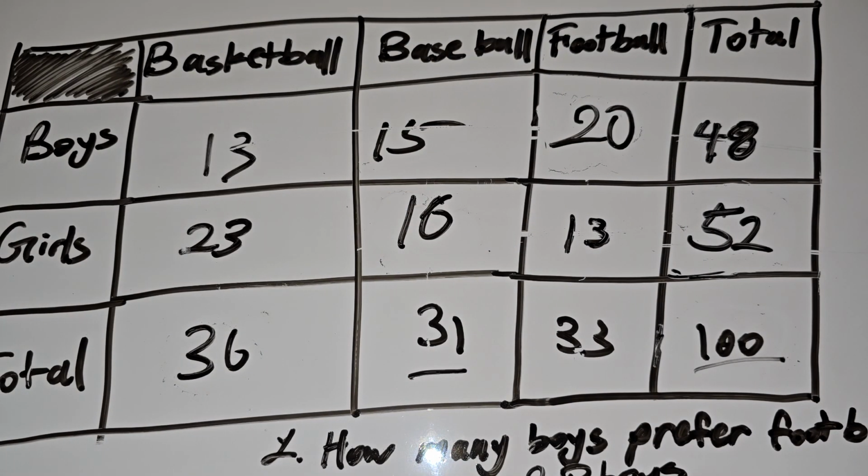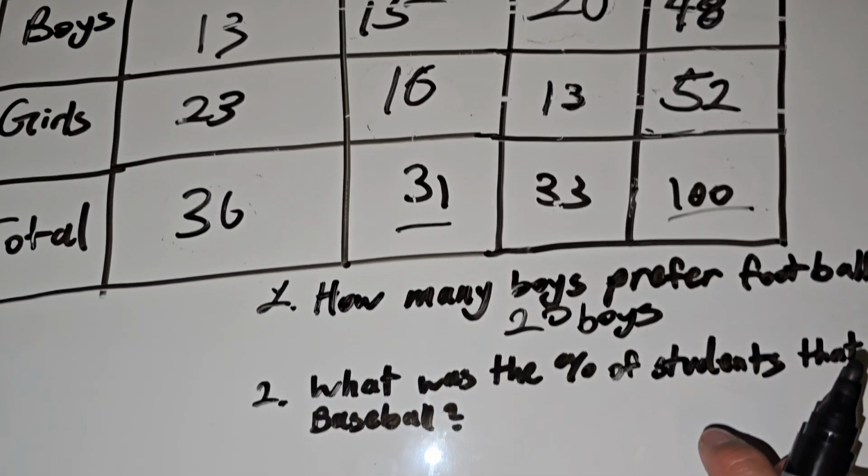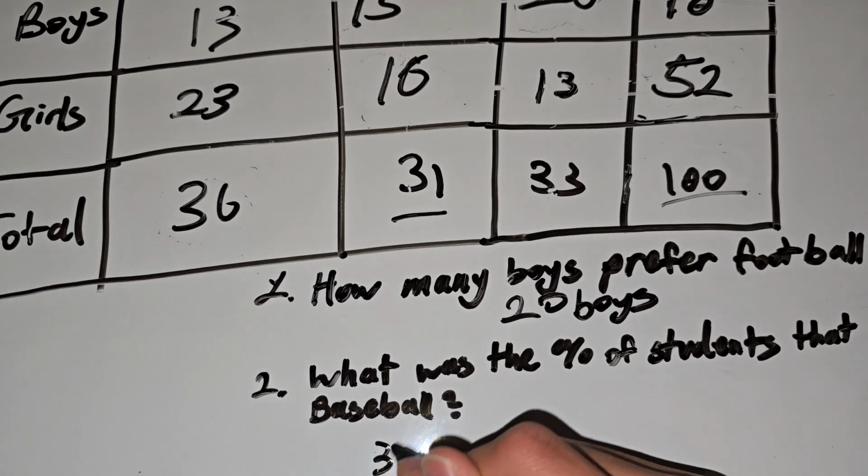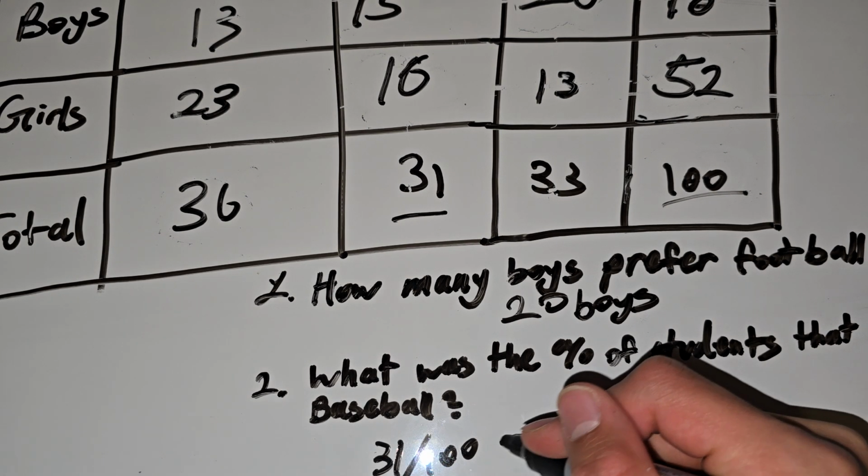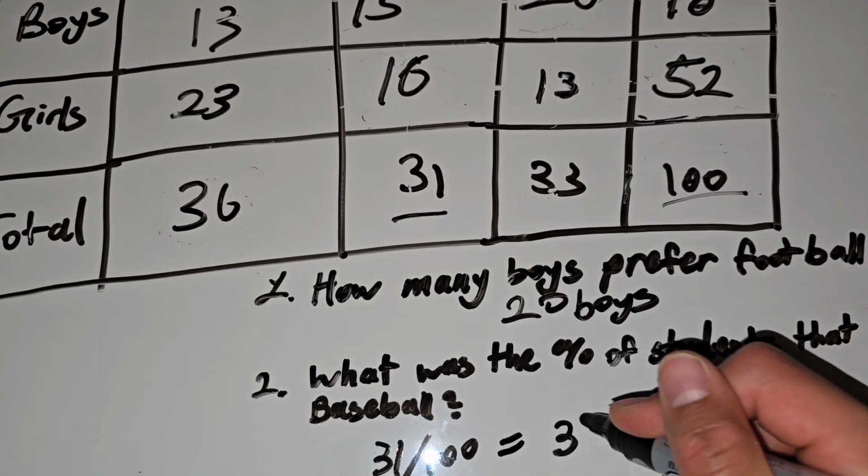To solve this problem, you wouldn't say 31 students, you would say the percent. So that would be 31 divided by 100, which is approximately 31%. 31% prefer baseball.